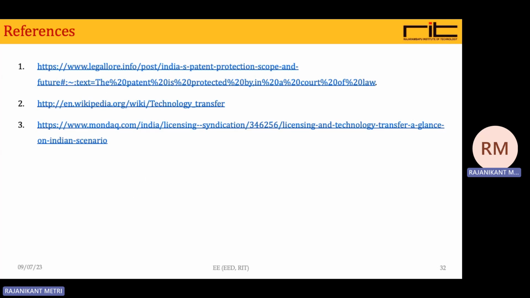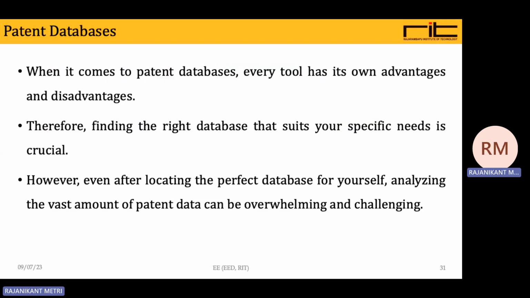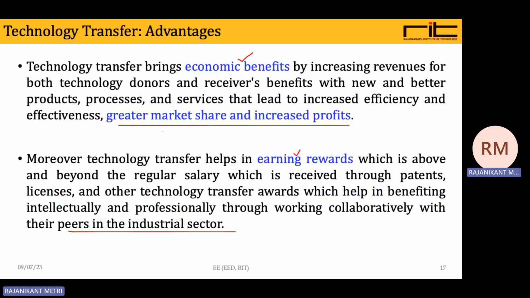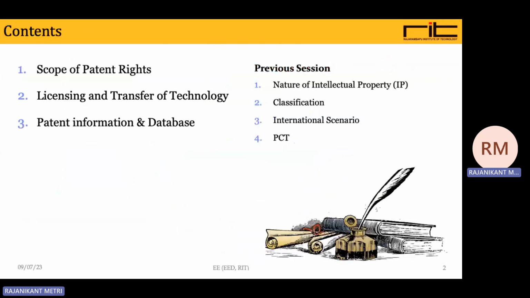Here are some of the references used to prepare this presentation. I hope you have got an idea about what patent information databases are, the scope of patent rights, what licensing and transfer of technology are, and how licensing and transfer of technology benefit the inventor, the organizations, and the countries.